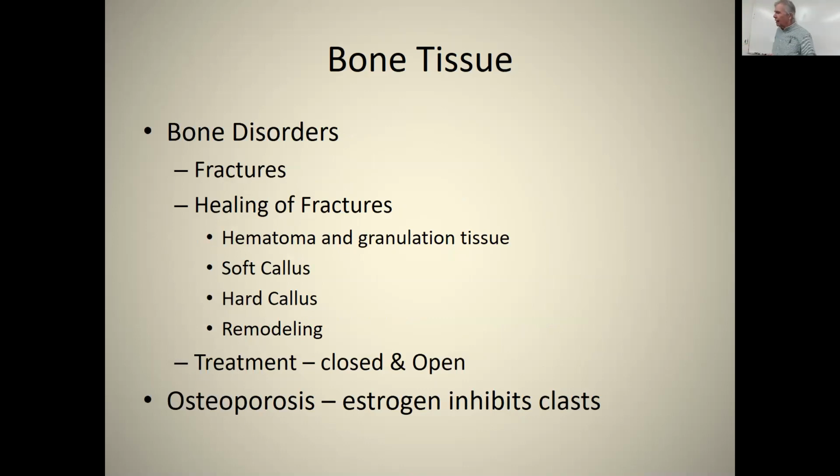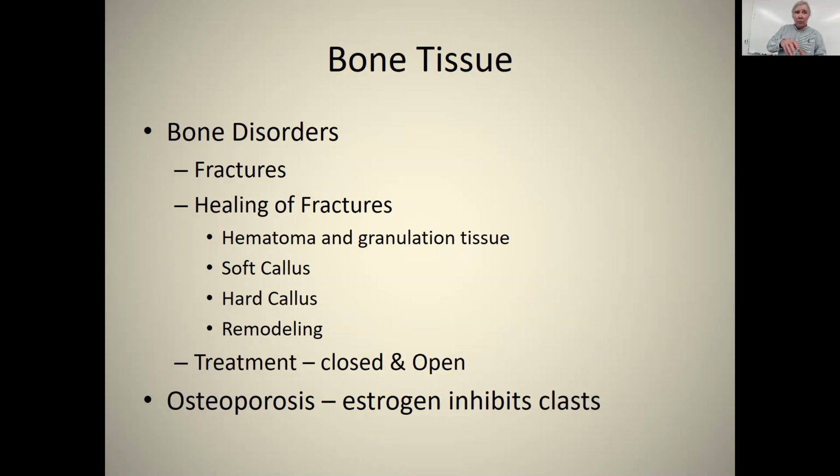Okay, bone disorders. I like to get into bone disorders and fractures. There are all different kinds of fractures. I'm not going to get into that. But there is the healing of fractures: hematoma and granulation tissue. You form a blood hematoma at the site where the bone has been broken.